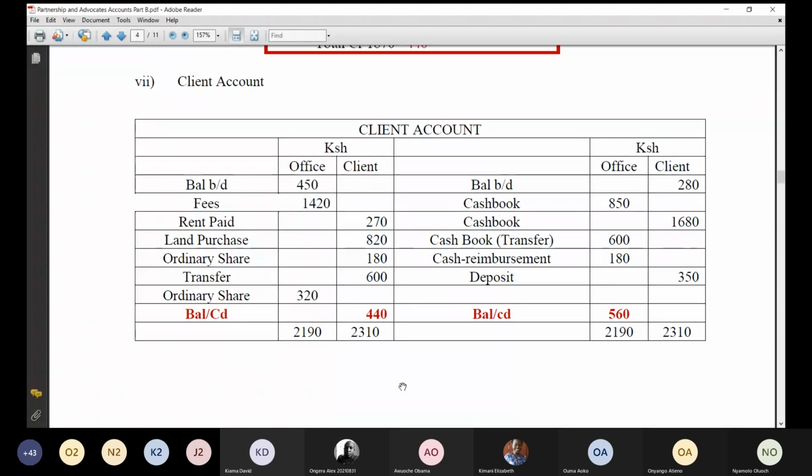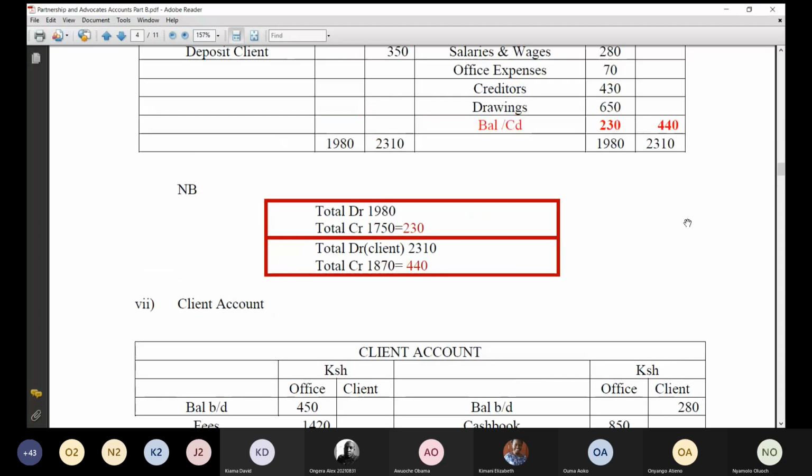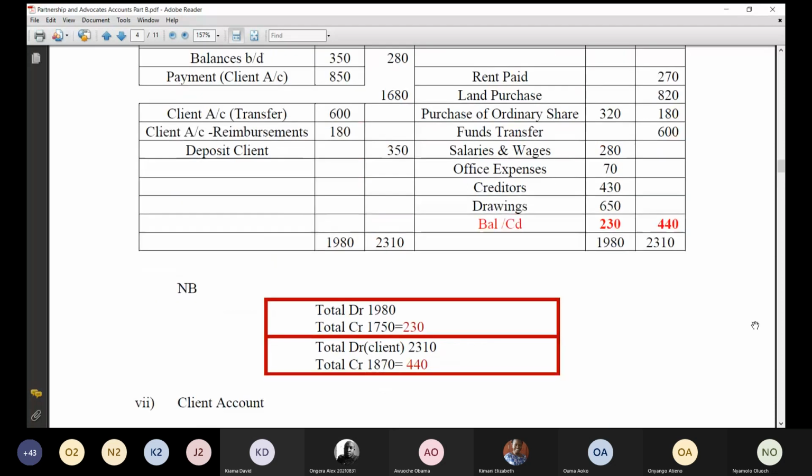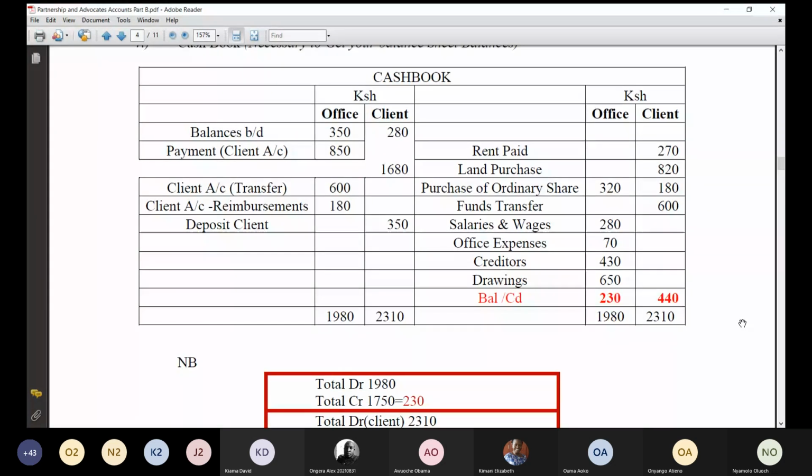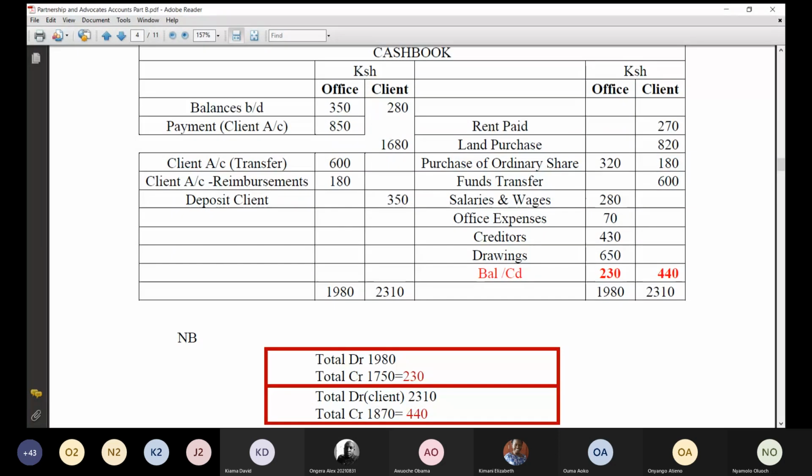So should the firm cease to be a going concern today, we have in our bank account 230 in our office account and 440 for the clients.